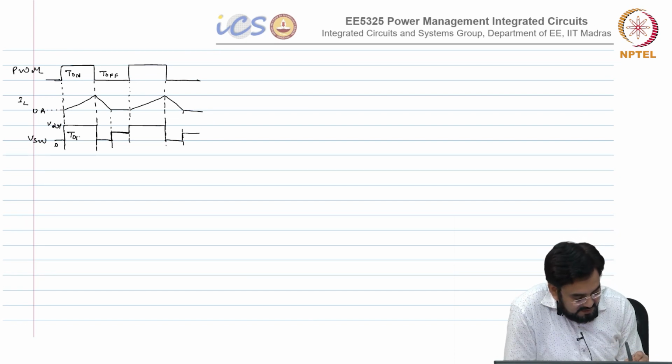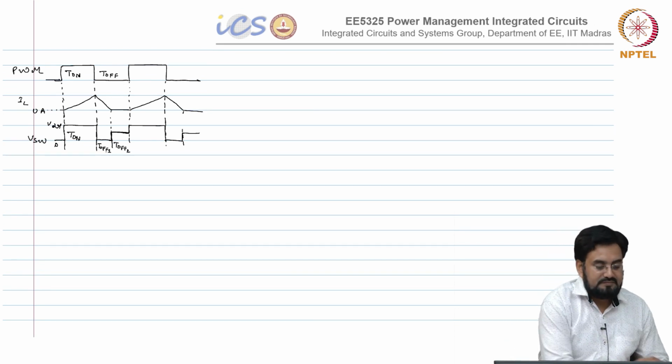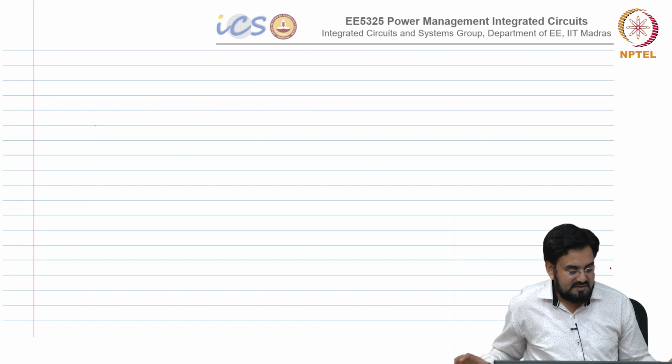So this T on remains T on. If I call this as T of 1 and this as T of 2. So what is the average?